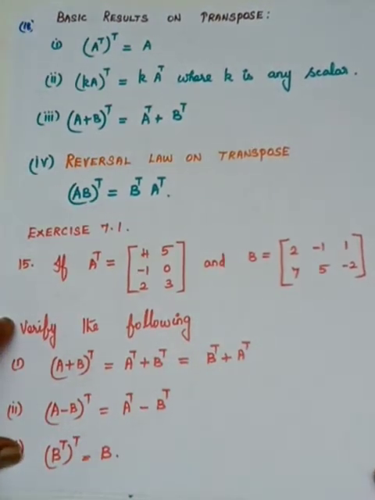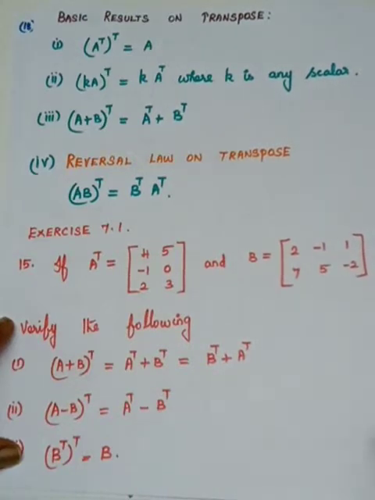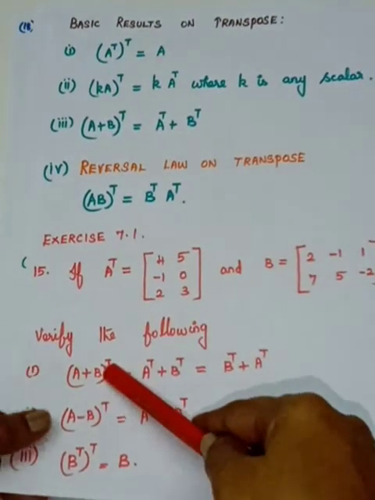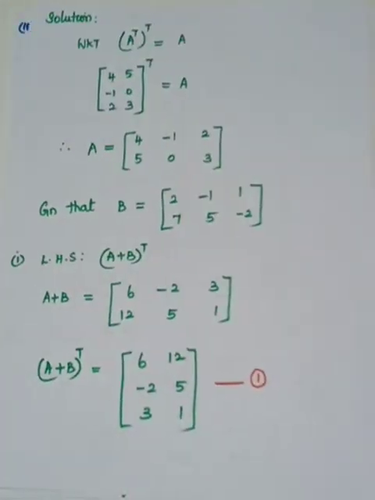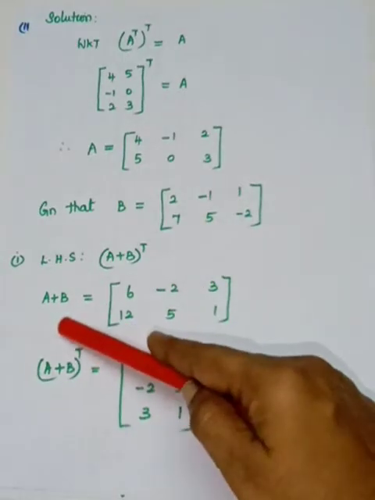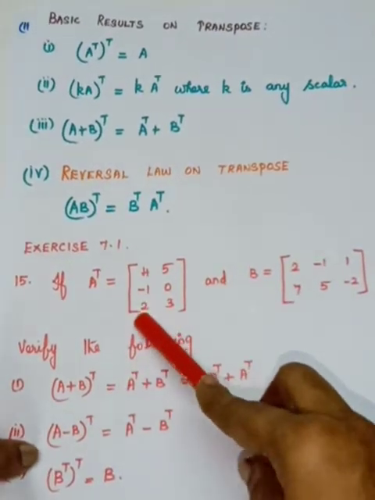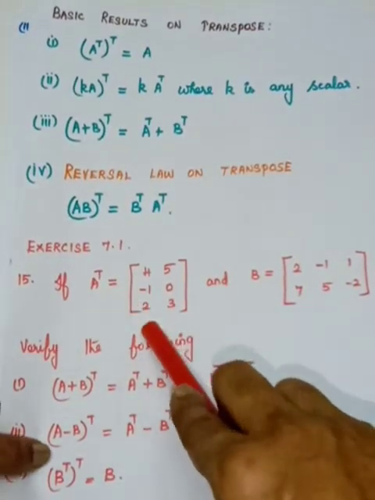Take the first result. On the left side, what you have is A plus B the whole transpose. First, you are going to find A plus B. Before that, in this problem, what is given? A is not given directly. What is given? A transpose is given.